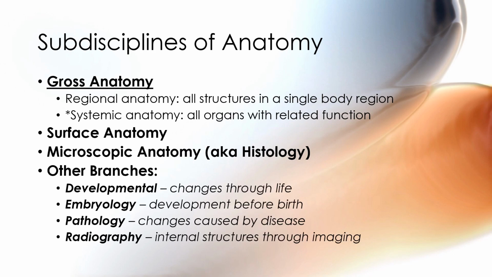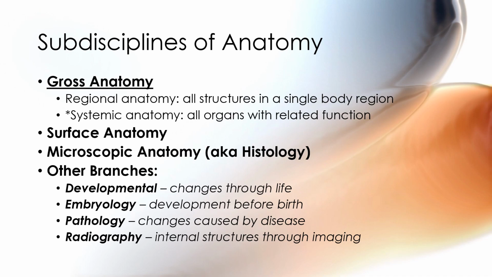And there are other branches of anatomy that we don't cover too much in this course, because you can take whole classes on these other branches of anatomy. Developmental anatomy or biology is really showing the changes through life. How do organs and tissues change over time? Embryology, right? The development of a human or an animal or these tissues and organs.